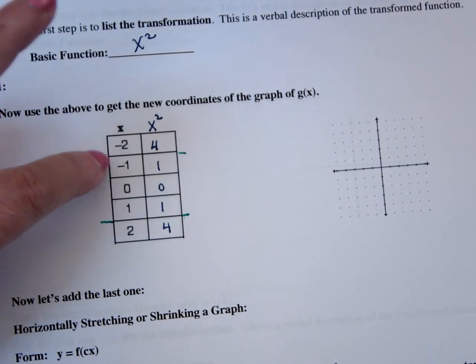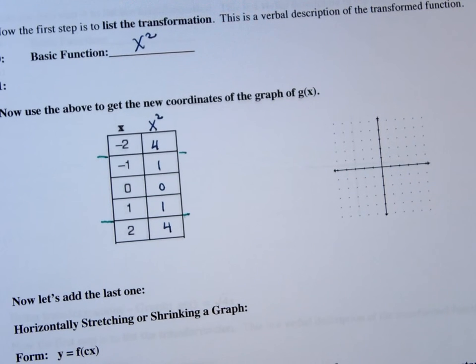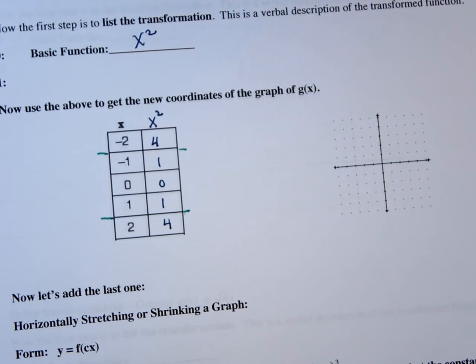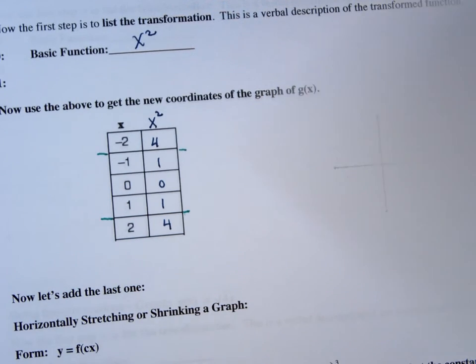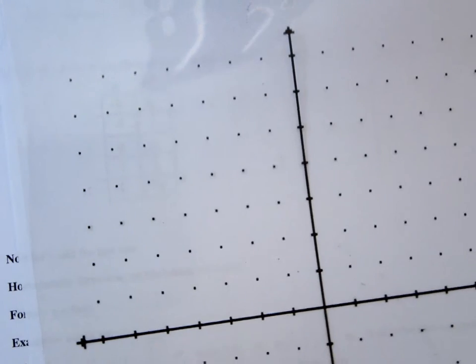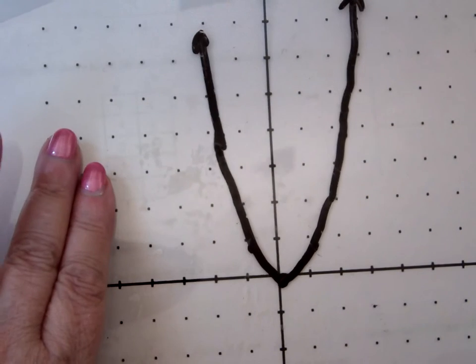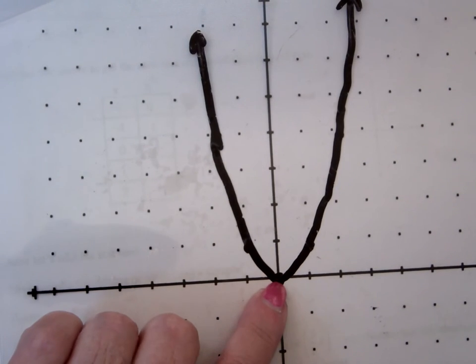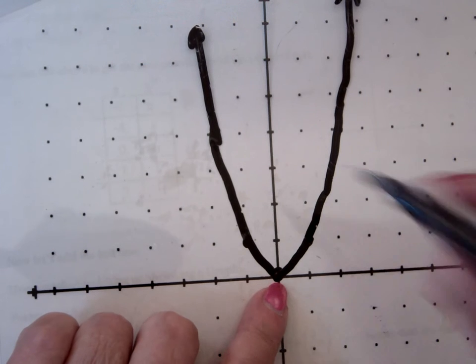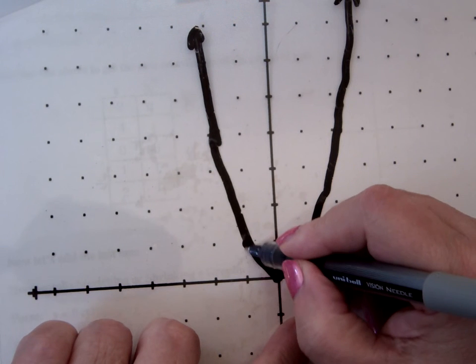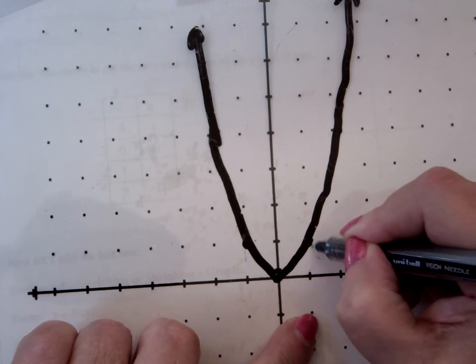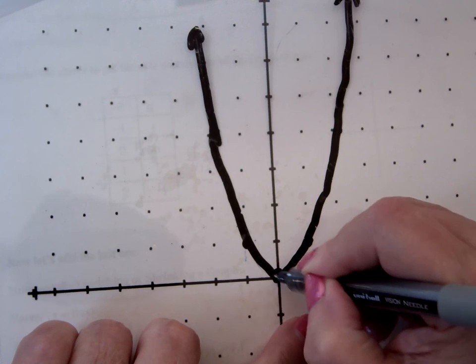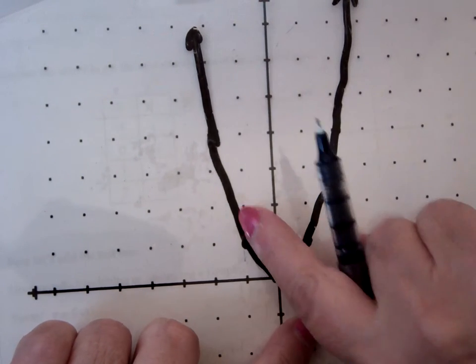Because if I were to look at the basic squared graph, on our old graph paper, and I pull -1, 0, and 1, you would get the bowl on the graph, and then the arms would go out from there.